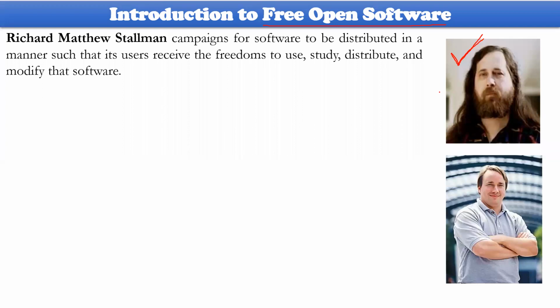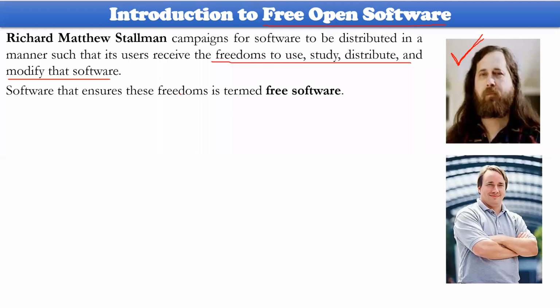This prosecution stayed in the mind of Richard Stallman, and he left MIT and started the freedom to study, the freedom to use and the freedom to modify software. So one movement was started by him in 1953.